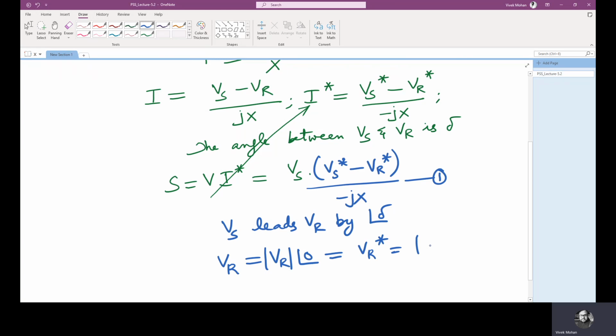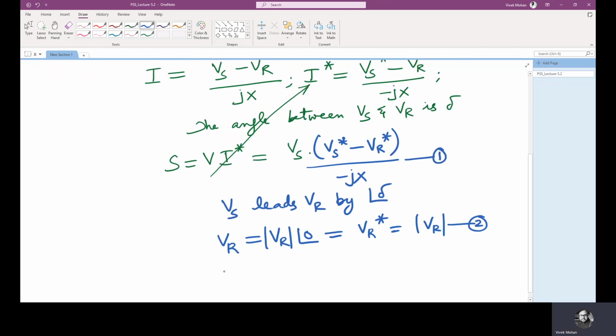Let it be equation 2. Now Vs equals mod Vs into e raised to j del, because Vs leads Vr by angle del. Let this be equation 3.